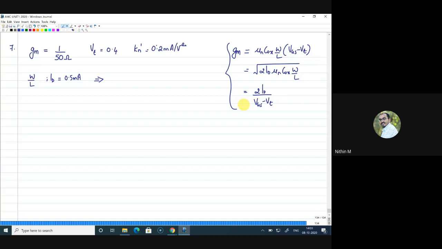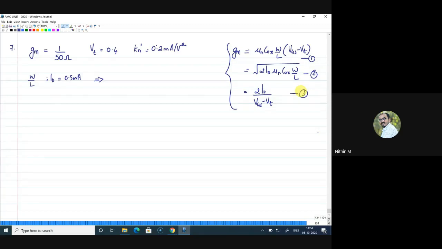GM is given. You are asked to find W by L from ID. So which of these equations will you use, the first one, second one, or third one? Can I get a response in the chat box? The second one, yes. ID is given, we know the GM value, mu n Cox is known.